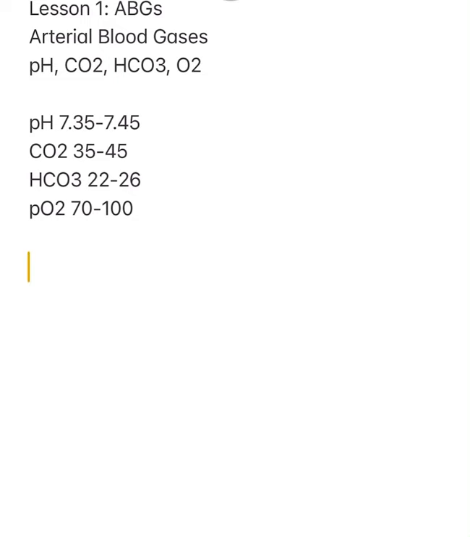If they're hyperventilating, do you think they would have more CO2 or less CO2 in their body? You're correct if you said less. Because they're hyperventilating, they're blowing off a lot of CO2. That means the CO2 in the blood could probably be around about 20. So I'll just say 20s for the CO2.